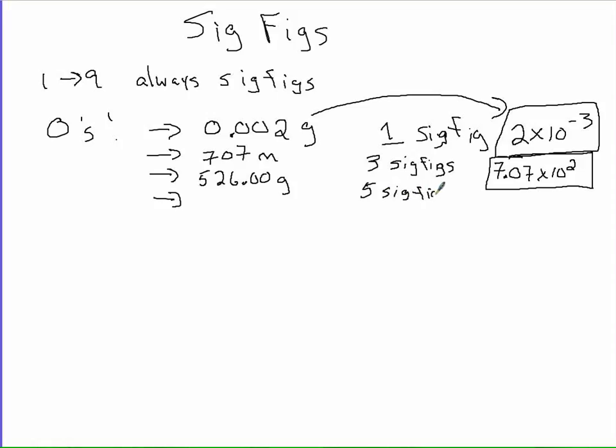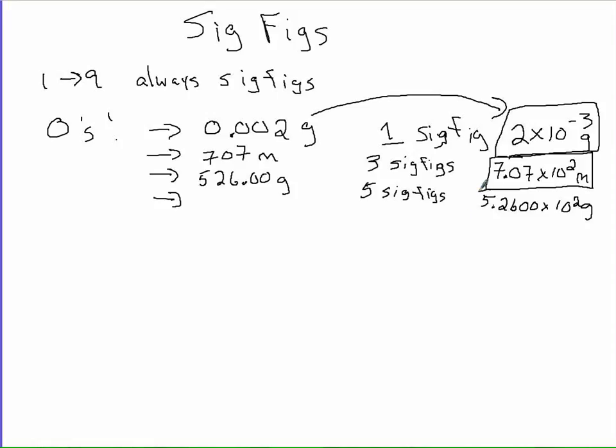And if we express that number in scientific notation, it is going to end up being 5.2600, right? If those zeros are significant, we're going to include them in this number here. And that is going to be times 10 to the second, once again. And by the way, this is units of grams, this is units of meters, and this is units of grams.